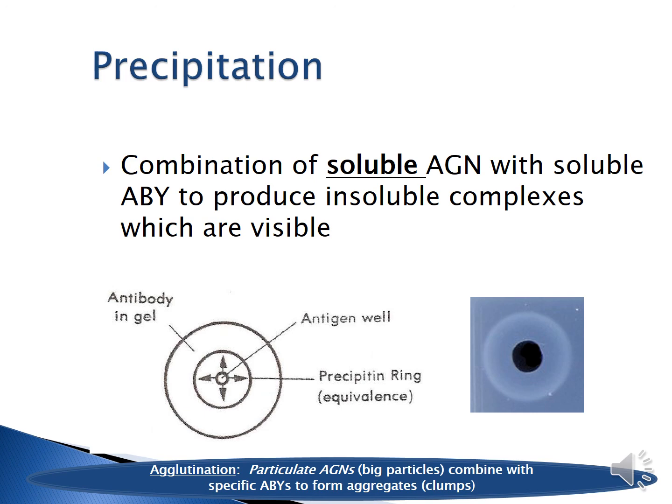We'll have our antibody or antigen in the center well, then we'll have our patient sample, and we'll allow those to diffuse out into the media. And where these antibodies and antigens interact, we'll get a ring where they form these complexes. And this is what we are looking for in precipitation reactions.